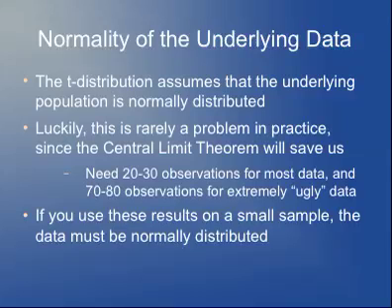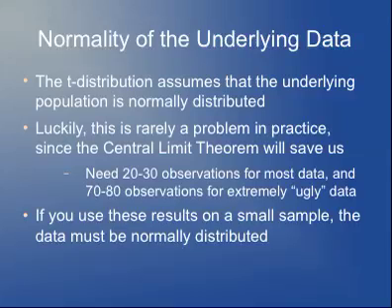The other thing that can mess you up when you try to compute these confidence intervals is if your data is non-normal. The t-test assumes that your data is normally distributed. Luckily, the vast majority of the time you won't get into trouble if your data is non-normal. As I said before, the central limit theorem will make it so that these formulas work, even if your data is non-normal.